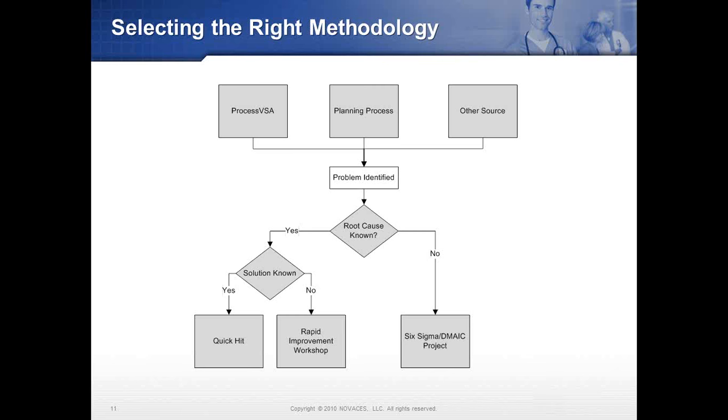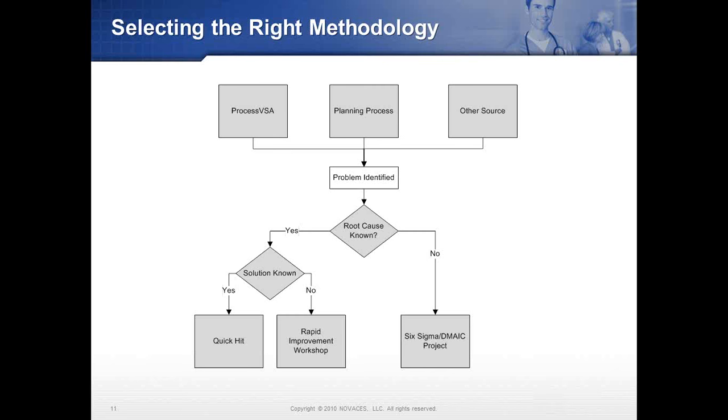Those places where projects can come from all lead to a problem. A problem is identified. Once this problem is identified, then you ask the question, is the root cause known? If the root cause is known, then you have to ask the question, is the solution known? If the solution is known, then it's a quick hit or a just do it.